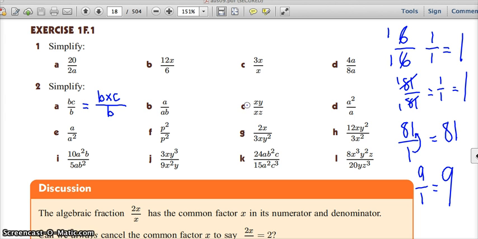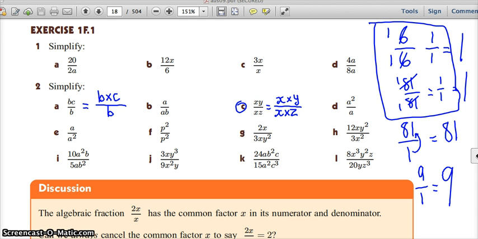Back to this. Let's look at C now. What would be on the top line? What would you write next, Beth? Cool. X times Y divided by X times Z. Thinking back to this process now. Is there anything that's similar on the top that's on the bottom? Holsty? X, what could we do with those X's? We could make them 1. X divided by X is 1.